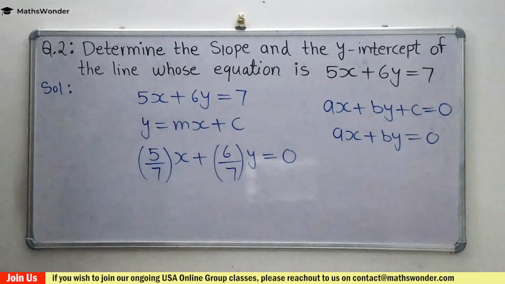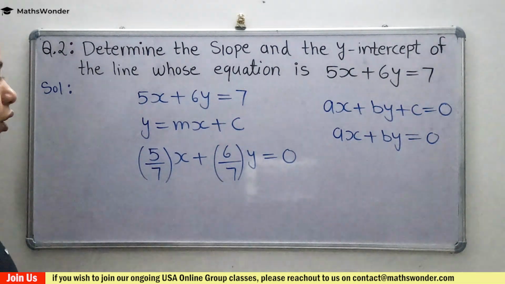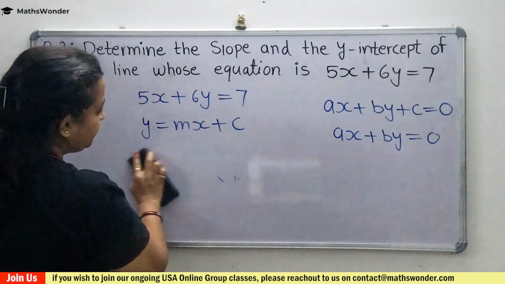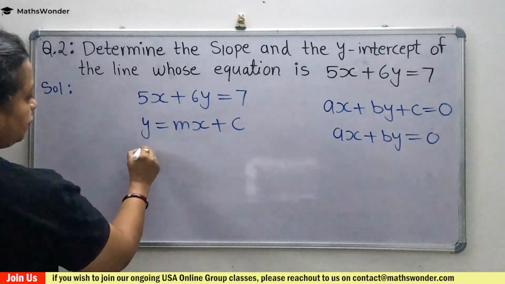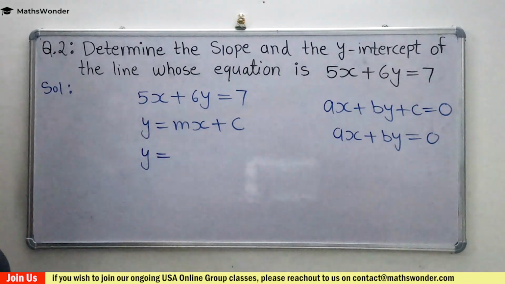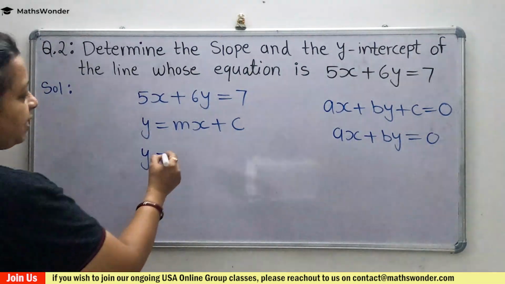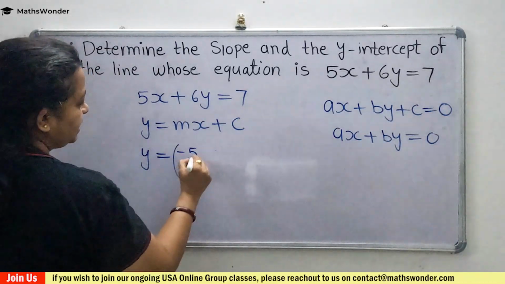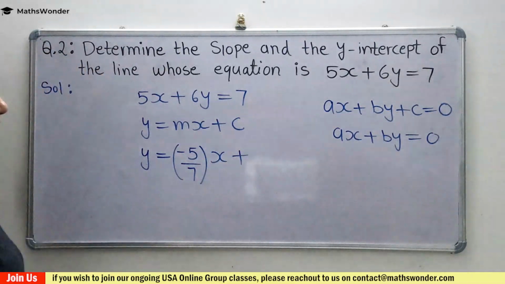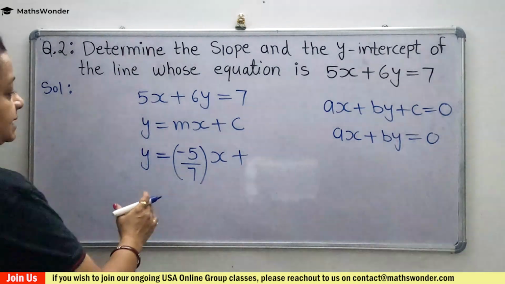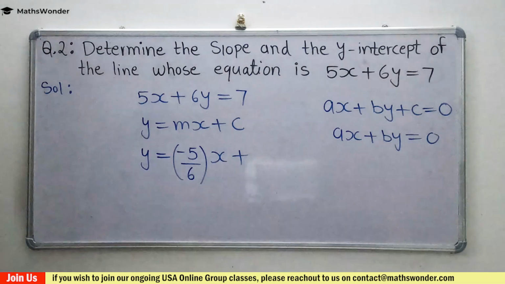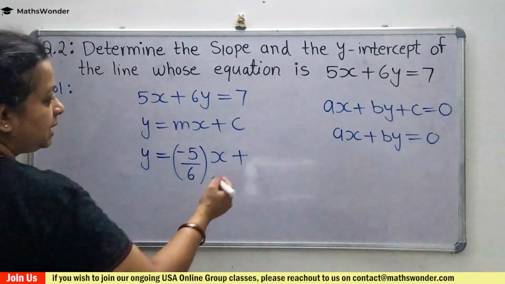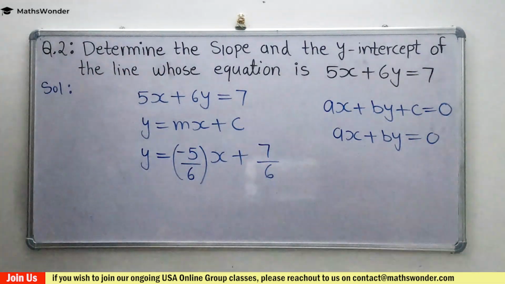Now, what will be the easy form? You will understand. y is equal to, what is m here? How will you find m? -5 over 6 is the m, plus 7 over 6, because along with y we have 6, so you divide by 6.